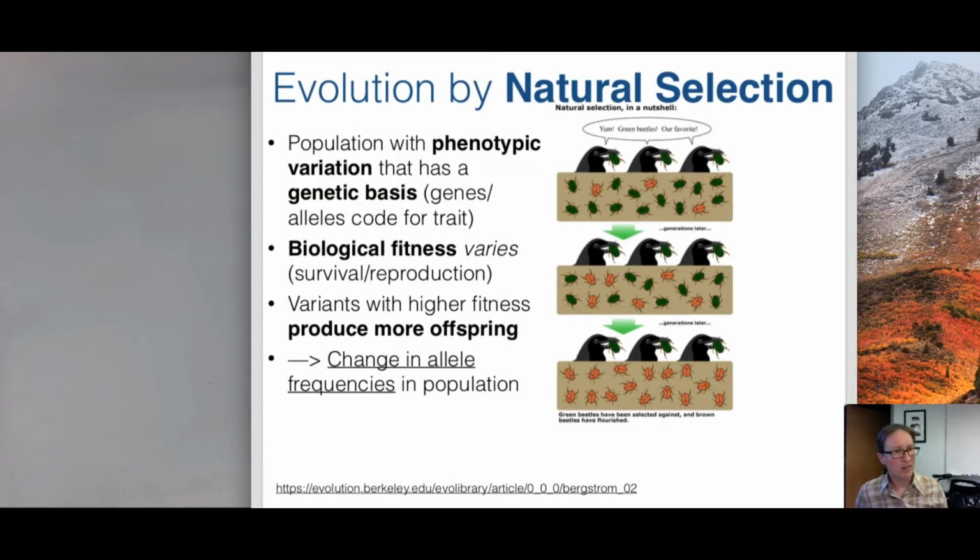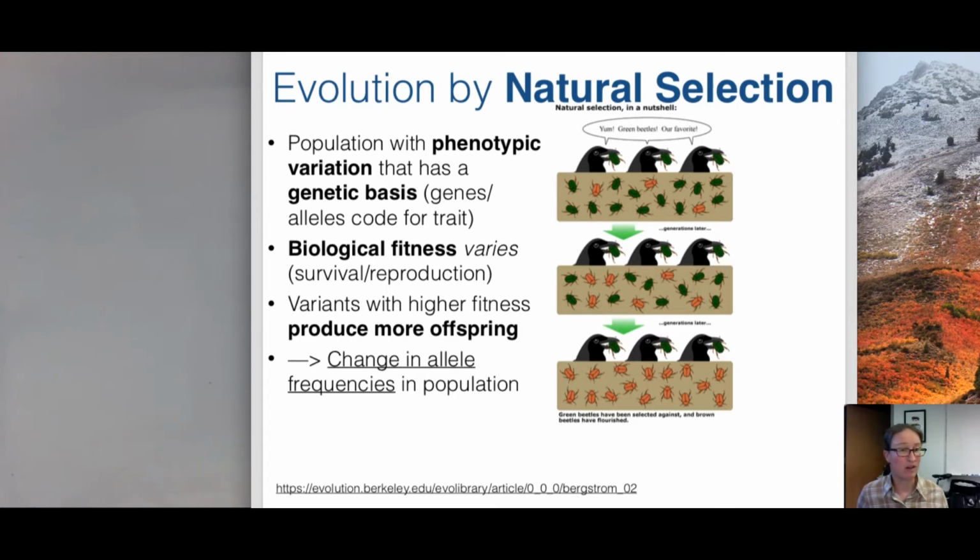Okay, so anyway, talking about evolution by natural selection. I wrapped up that last lecture video running through this process. The idea is that if you have a population that has some kind of phenotypic variation with a genetic basis to it, so there are genes and alleles that code for a particular trait, and within that population, biological fitness varies.